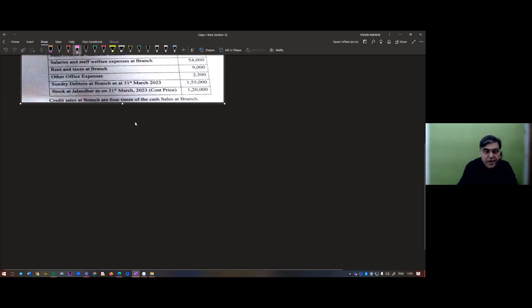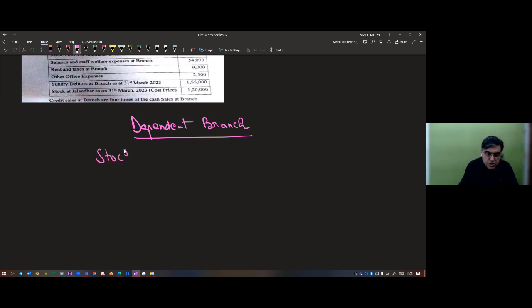So the topic is dependent branch, stock and debtors method.